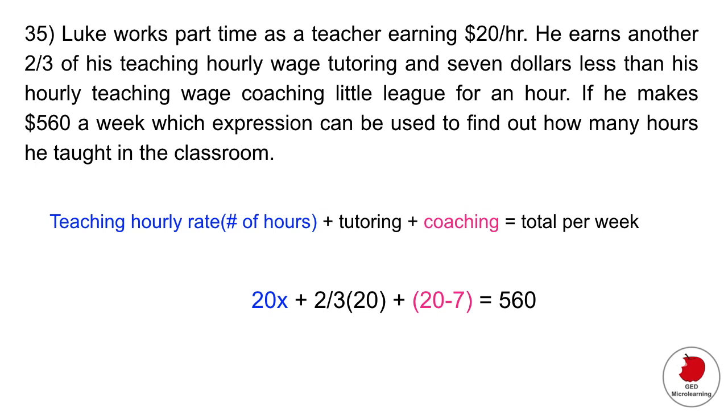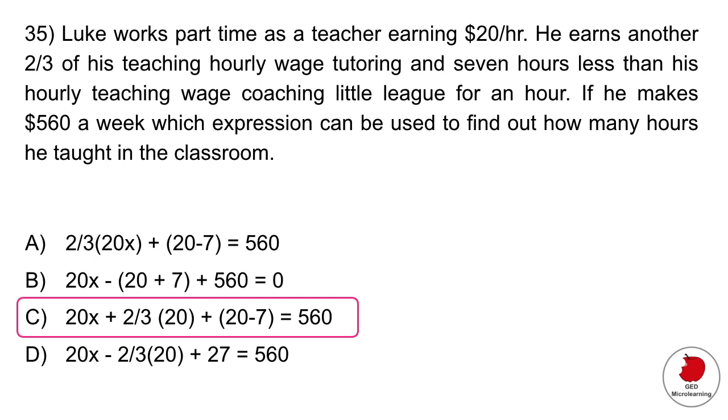Okay, so it would be 2/3 multiplied by 20. And then finally, they tell us that the third gig that he has is coaching. Okay, and for coaching, they're going to pay him his teaching wage minus $7. Okay, so that's how you would set up the equation. And that would be option C.